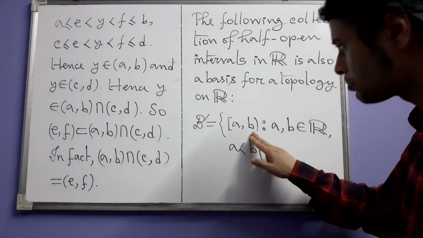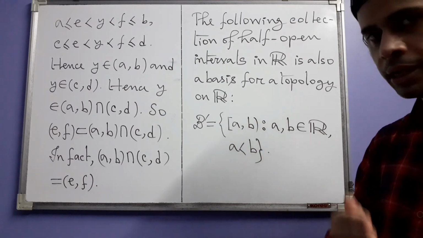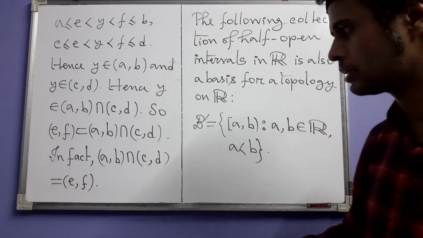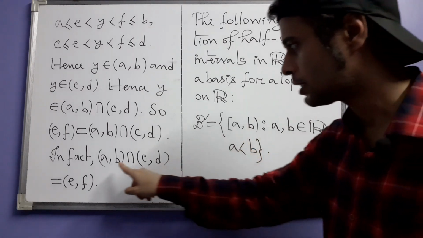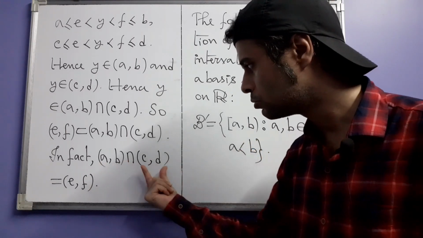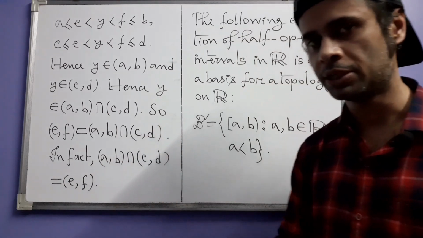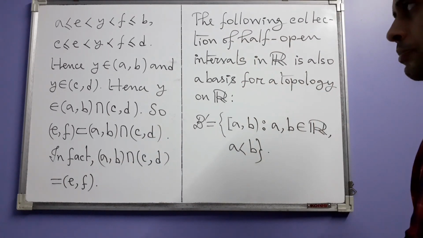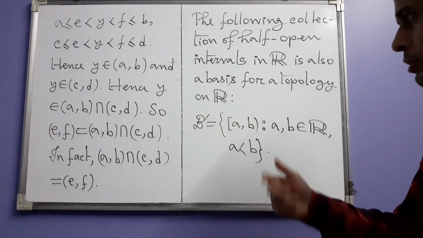The intersection of two such intervals which really intersect, which are not disjoint, is again another interval of the same type, just like what we have here. The intersection of two open intervals is itself an open interval. That same fact is true here as well. And there are some other things about this.